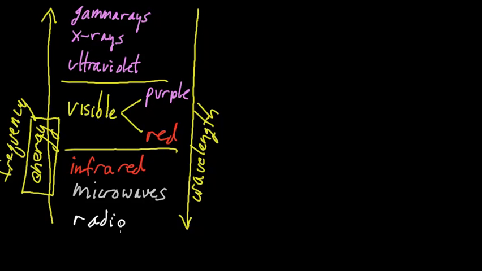Now, a convenient unit of energy that is used in this type of situation is called an electron volt, and the only reason why it's convenient is because the numbers tend to be kind of handfuls when we go through this.